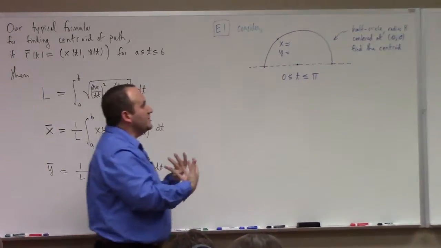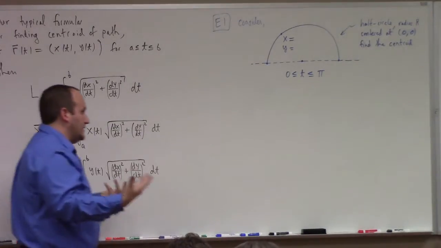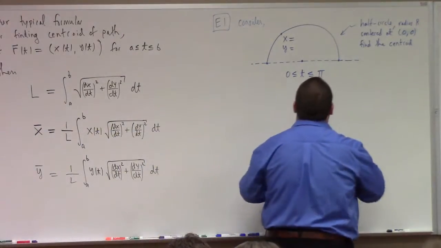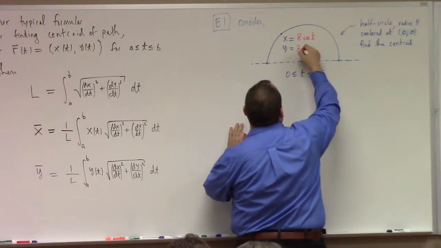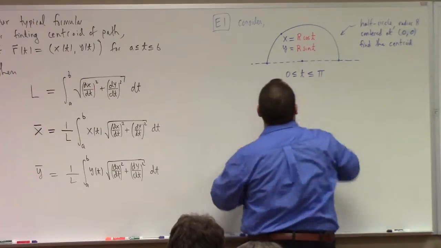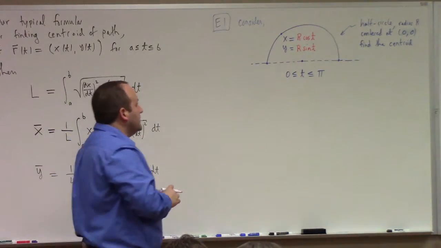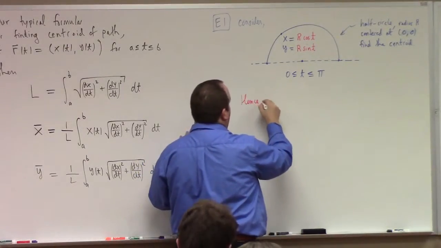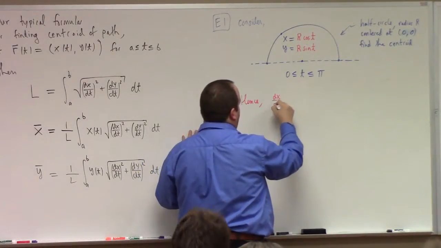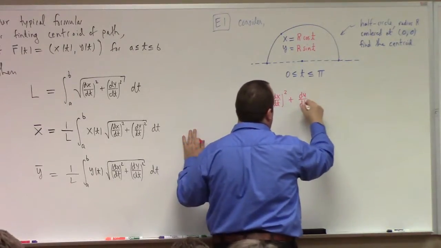Geometrically, we can use the standard angle as a parameter. And so the natural parameterization, I think, is just r cosine t and r sine t, am I right? Hence, what's dx/dt? dx/dt squared plus dy/dt squared is what?